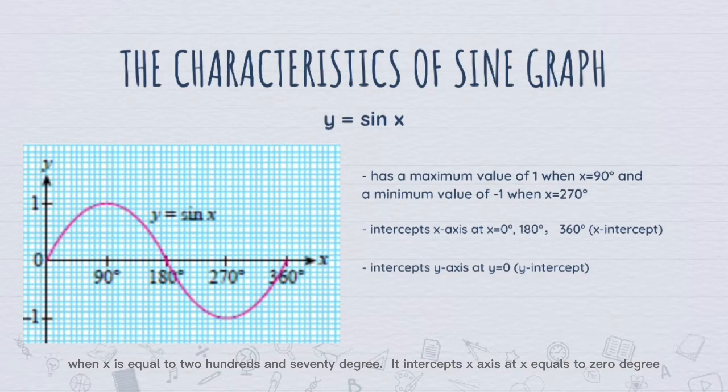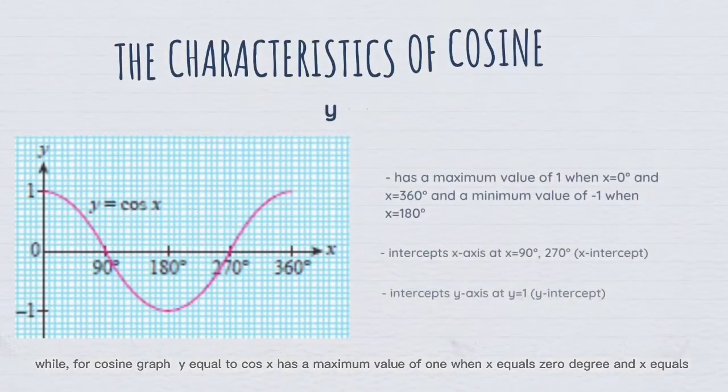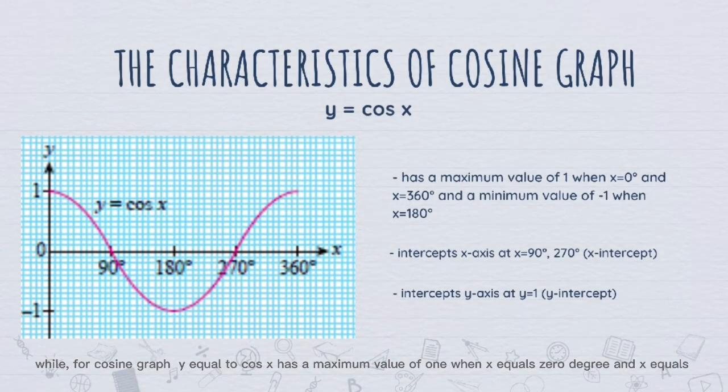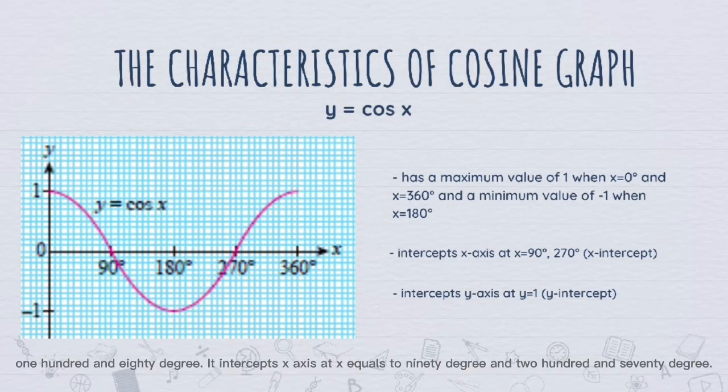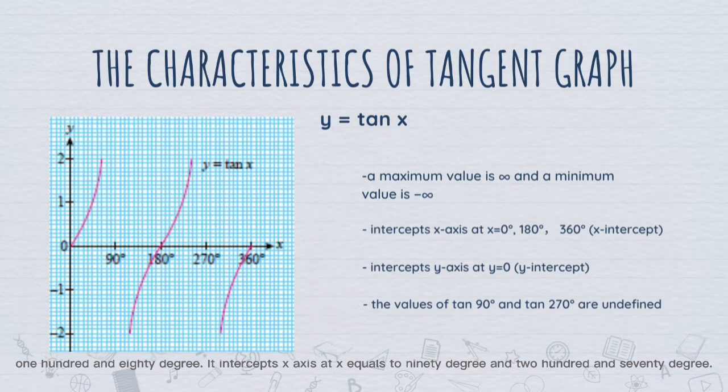It intercepts the x-axis at x equals 0 degrees, 180 degrees and 360 degrees. While for the cosine graph, y equals cos x has a maximum value of 1 when x equals 0 degrees and x equals 180 degrees. It intercepts the x-axis at x equals 90 degrees and 270 degrees.